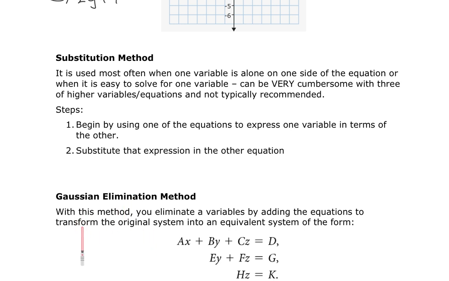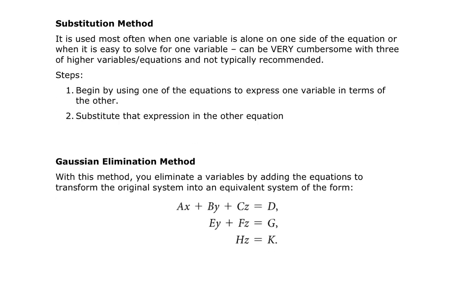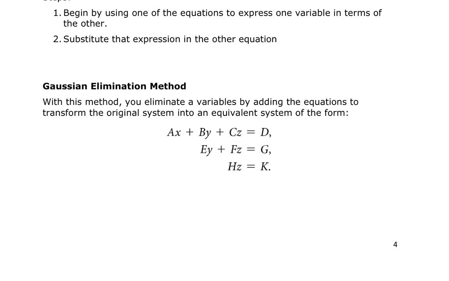The other way that we can, sorry, is the Gaussian elimination, which means I start eliminating variables so that I get down to, with 3 equations and 3 unknowns, I'm going to get down to a single equation, or a single variable is equal to a single number.